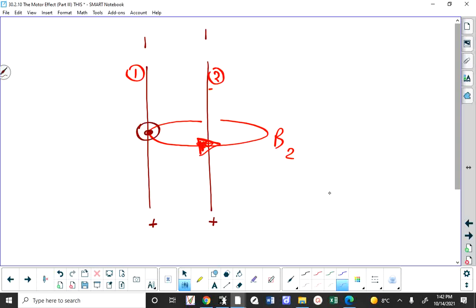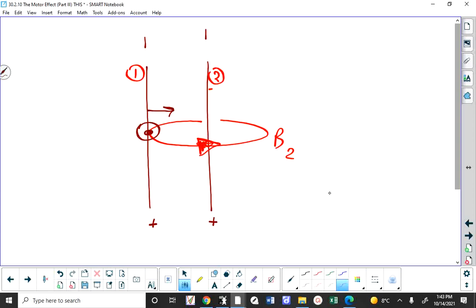It goes around the front, into the board, behind to the left, and then out on the right. So what have we got going on here? Wire 1 is in a magnetic field that is out, and conventional current in wire 1 is towards the top of the page, which means the right-hand rule predicts that wire 1 will be forced that way.